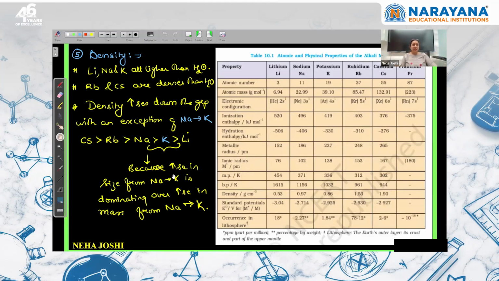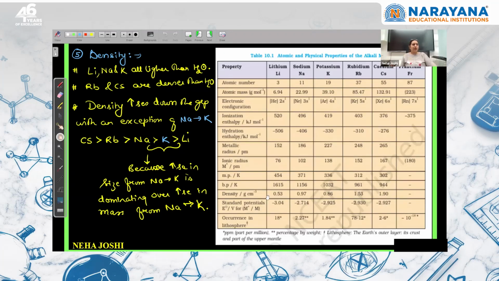So in particular, at this place, you observe a little hiccup in the order. Rest, it is okay. Lithium, sodium, and potassium are all lighter than water. But rubidium and cesium are denser than water. Density increases down the group, as we have already discussed.